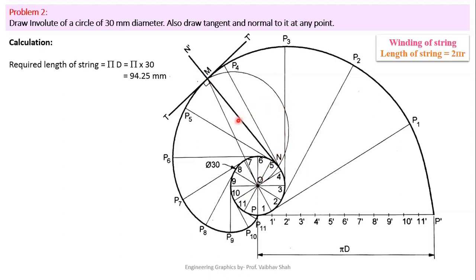So now you will ask, sir, how can we decide on which side to draw the semicircle? Either we can draw on the left hand side or on the right hand side. So now let us understand the logic on which side you will draw your semicircle. And always you have to follow the logic, else your tangent and normal would be completely wrong.